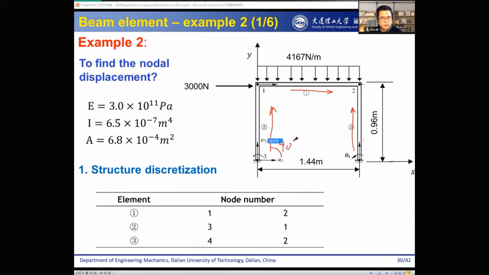If we define the opposite orientation, then the angle will be different, 270 degrees, and then the value will be different. So it's important that you define the orientation of the element. For example, element 1 will be 0 degrees, and element 3 will be 90 degrees.